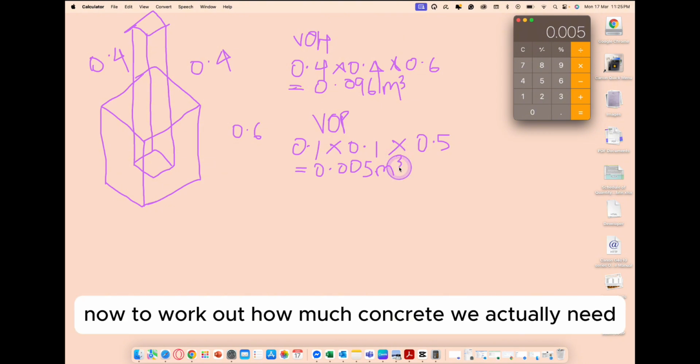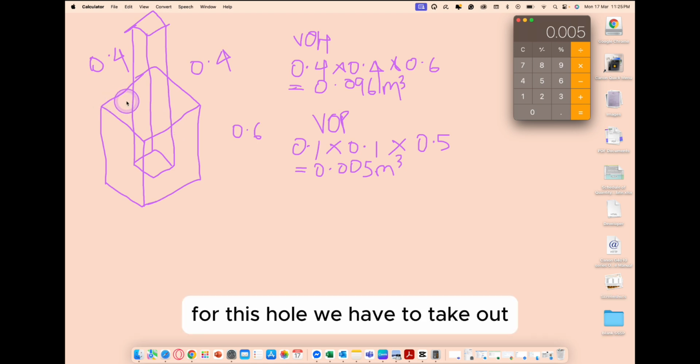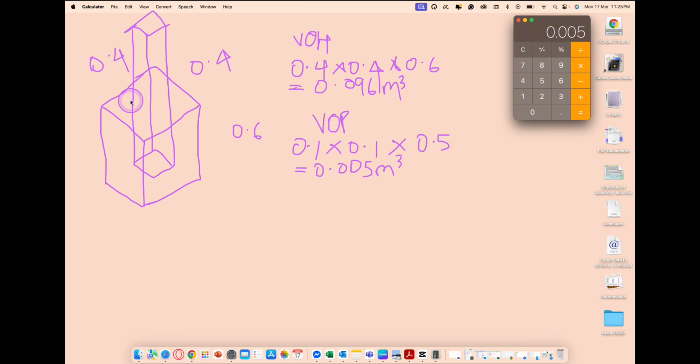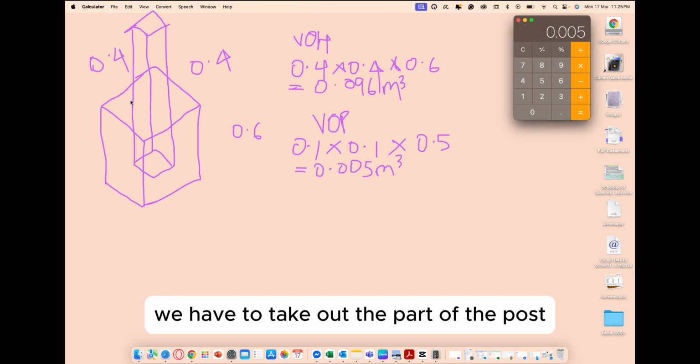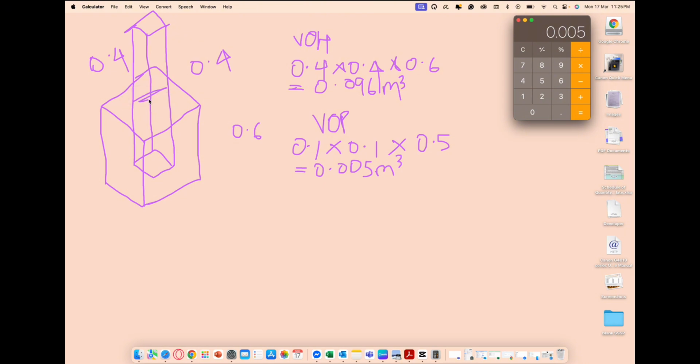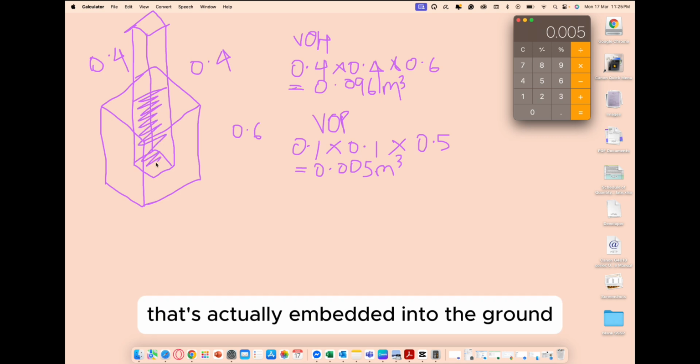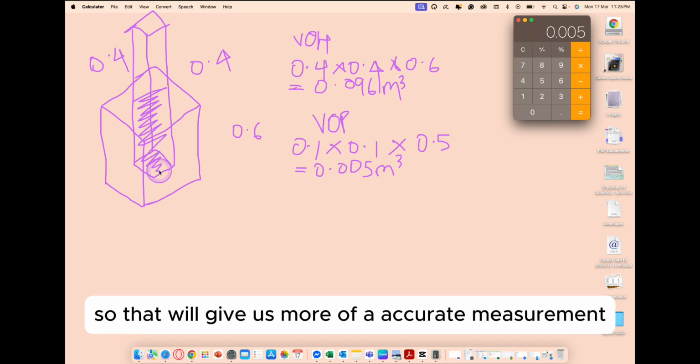Now, to work out how much concrete we actually need for this hole, we have to take out the part of the post that's actually embedded into the ground. So that will give us more of an accurate measurement.